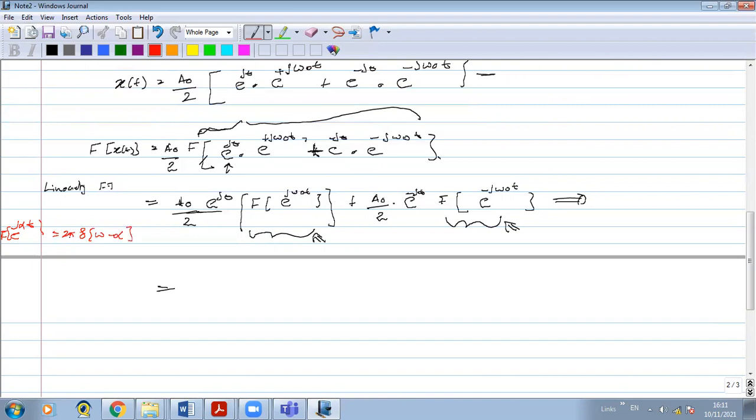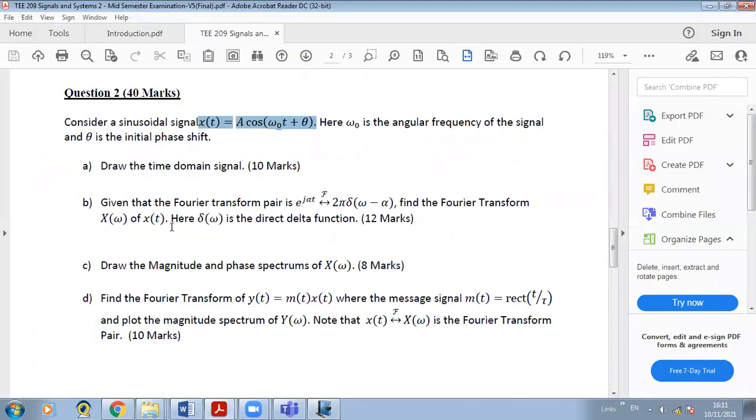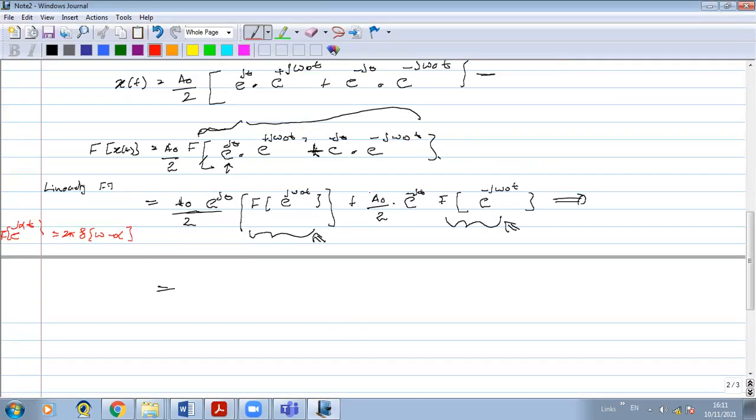So this is given: the Fourier transform of e to the power j alpha t is equal to 2 pi delta of omega minus alpha. Let's see it again. Correct? So we have that, and you can compare these terms with this term.